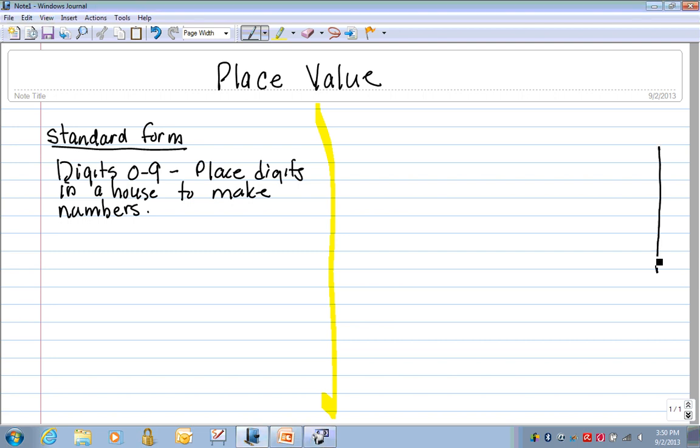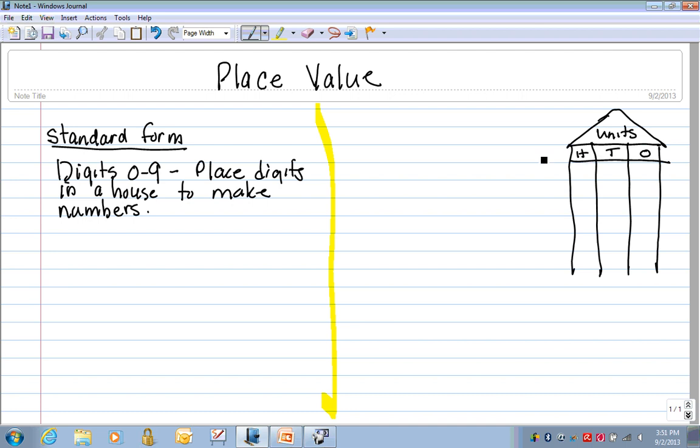If I start over here on the right-hand side, in my first house, I'm going to have units. And I'm going to have the ones place value, the tens place value, and the hundreds place value.